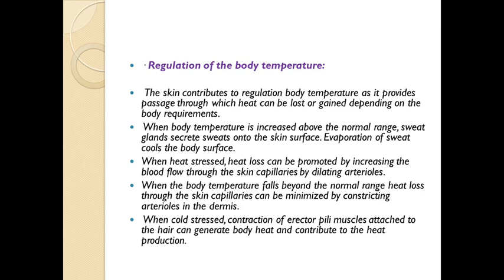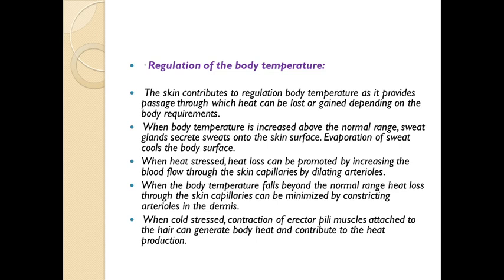Then when body temperature falls beyond the normal range, heat loss through skin capillaries can be minimized by constricting arterioles in the dermis. So the opposite thing is done here. When the superficial arterioles are constricted, the amount of blood that flows through them decreases. Therefore, heat loss by radiation can be minimized.